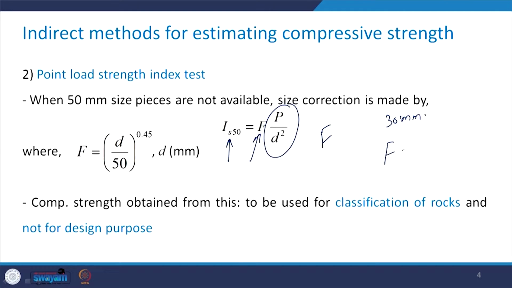F is going to be in that case 30 upon 50 to the power 0.45. Whatever value of F you get, you substitute it here and you will get the corrected value of this Is50.